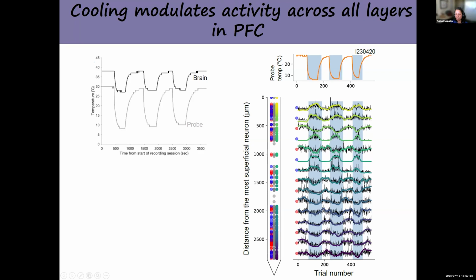We do see the influence of cooling across all the layers of cortex, which is good. We see some neurons that show a positive correlation, so the responses are suppressed during the cooling phase, which is shown here in blue, and then stronger during the warm phase.